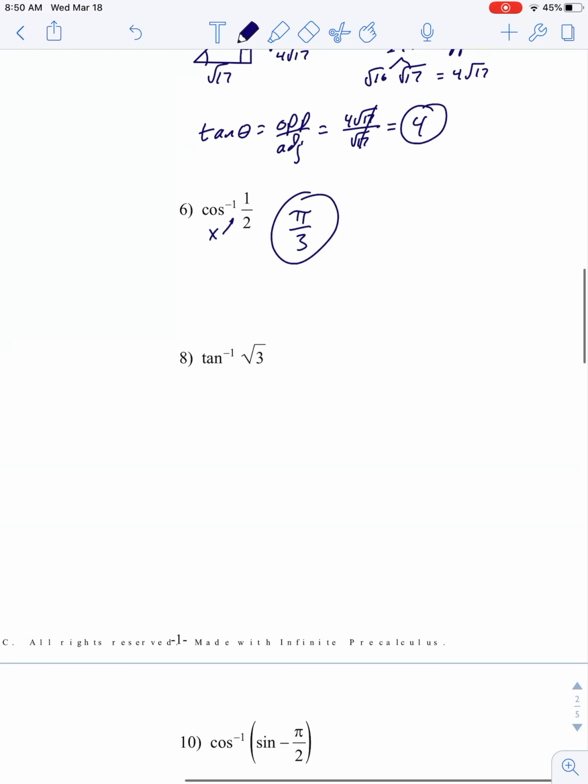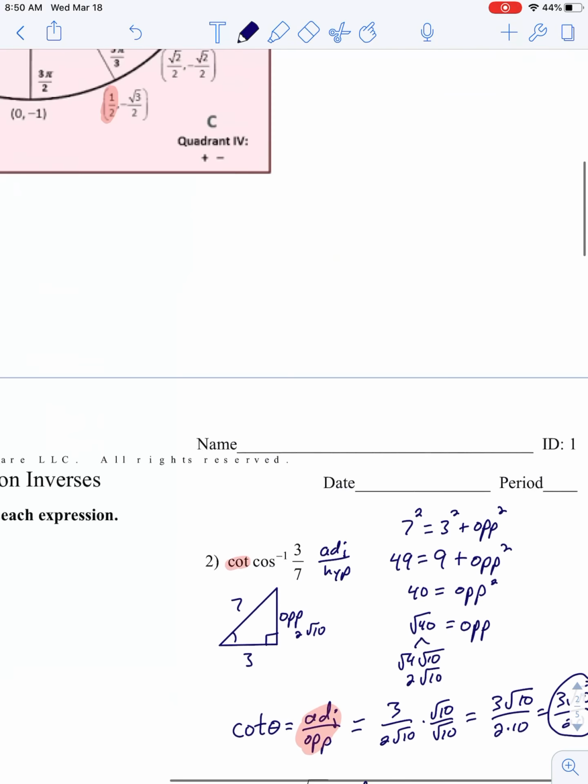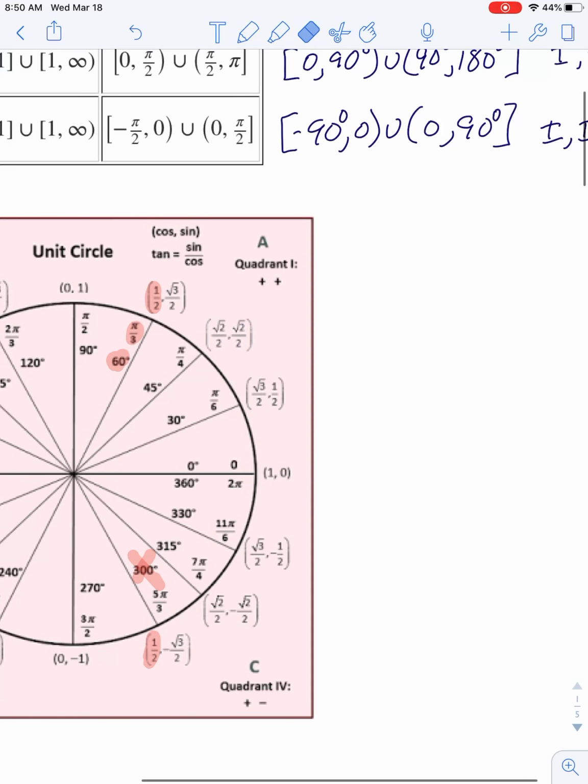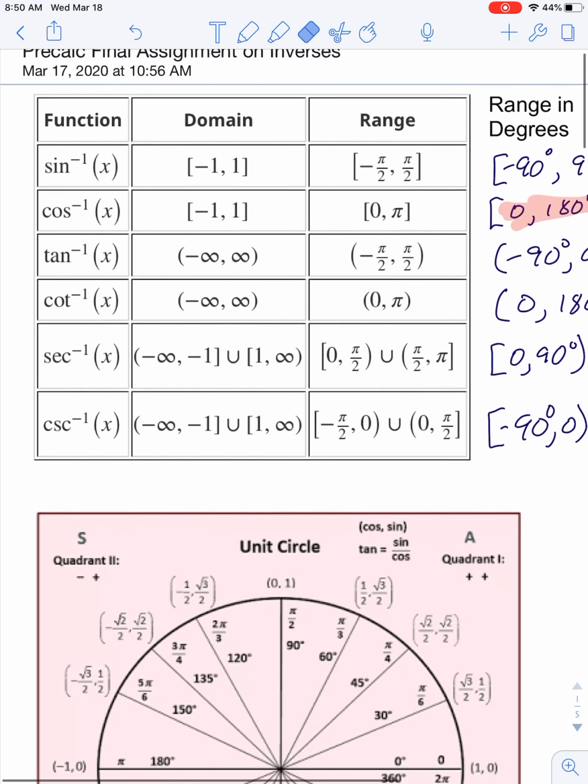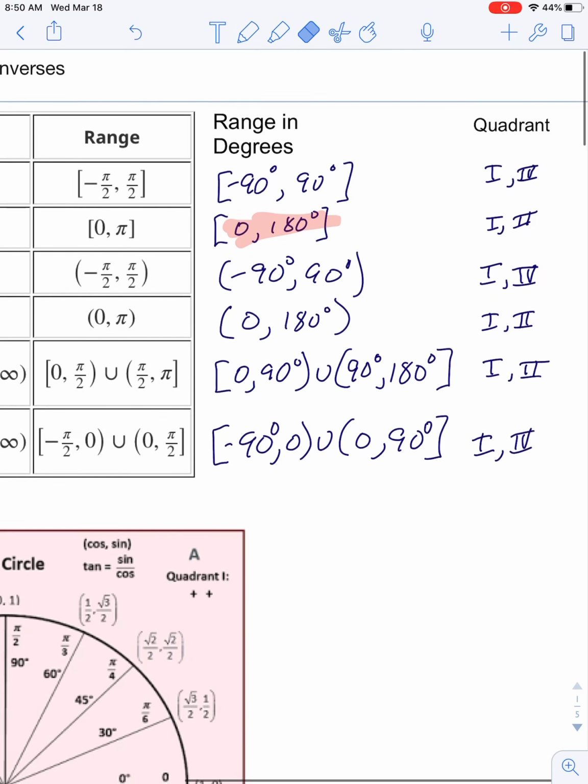Number 8, tangent inverse of square root of 3. Tangent, you know, is y over x, so we need to think of this as a fraction, square root of 3 over 1. So we're trying to find a point on the unit circle that when you divide them, it simplifies to square root of 3 over 1. So let's go up to the unit circle, erase the notes from the previous problem. Actually, I want to go up to the range notes. I'm looking for an angle that's going to be between negative 90 and positive 90.